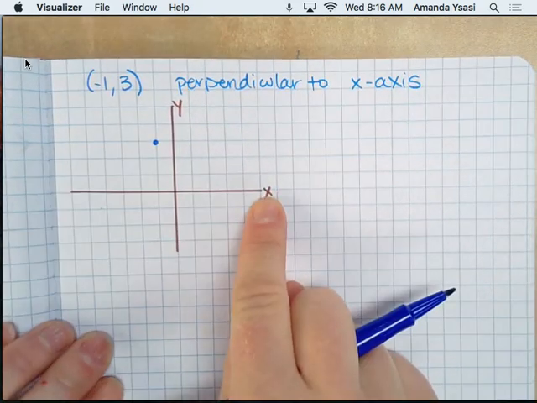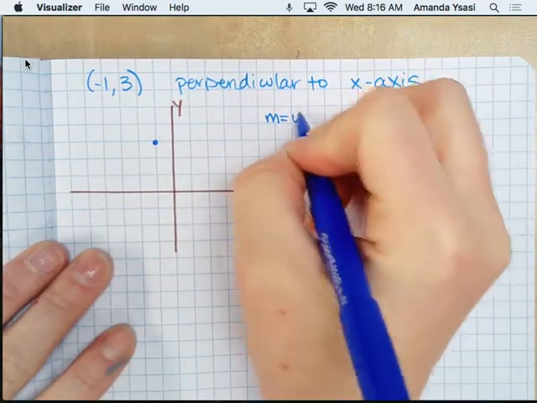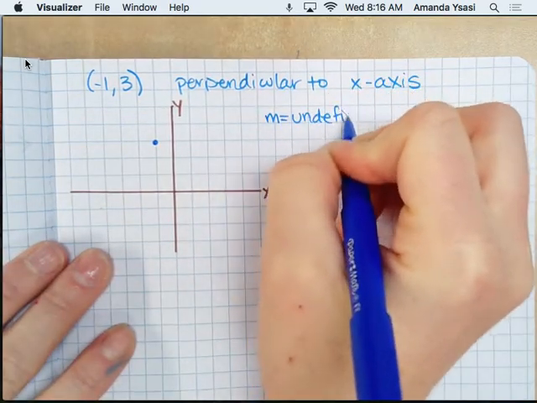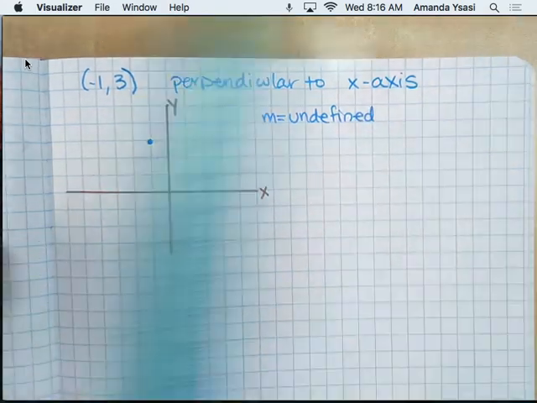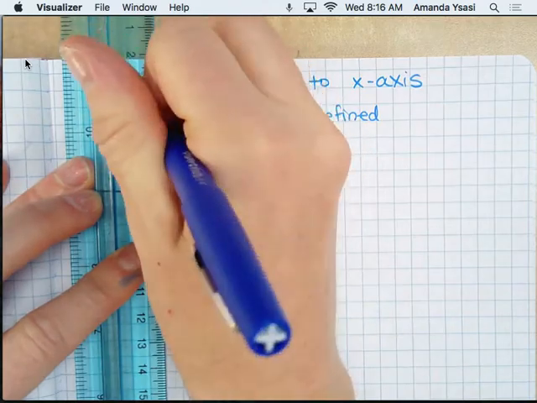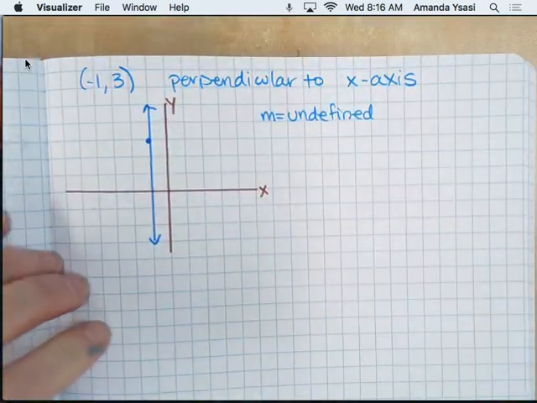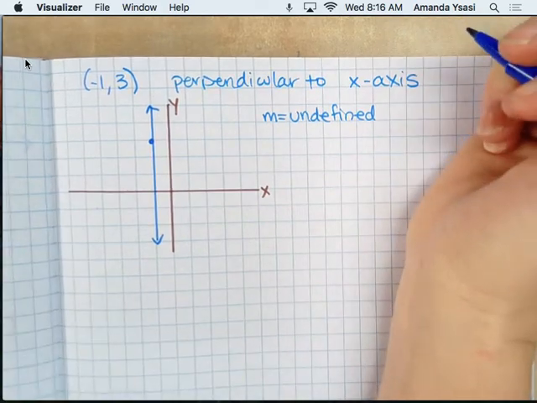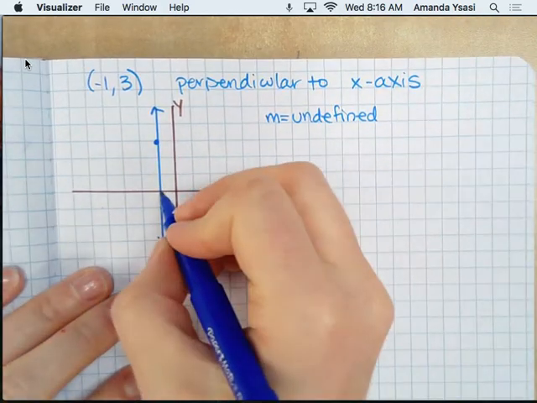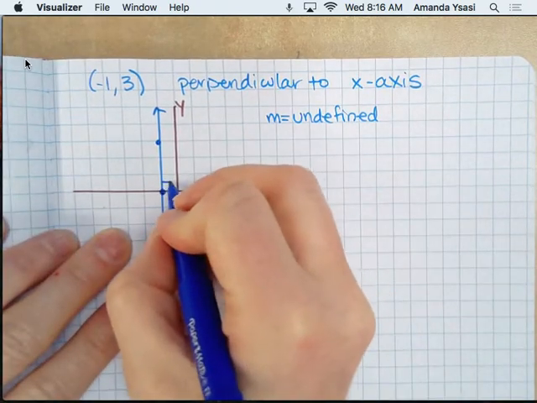To be perpendicular, what's our slope going to be? It makes a right angle.